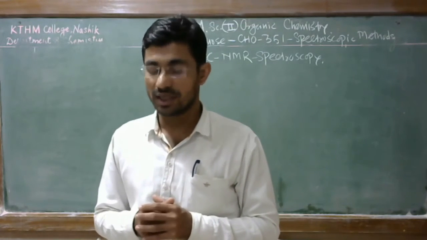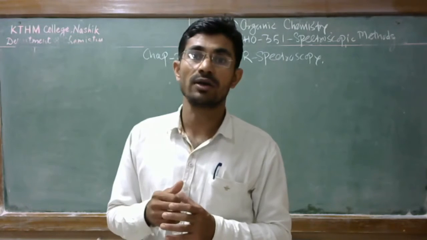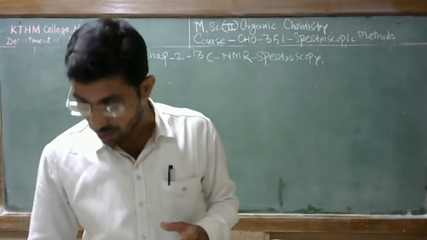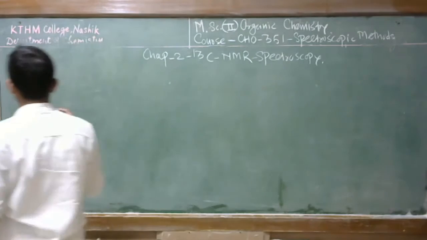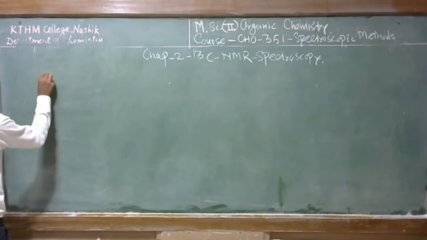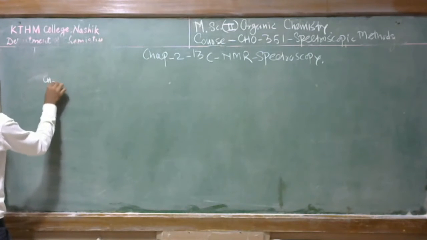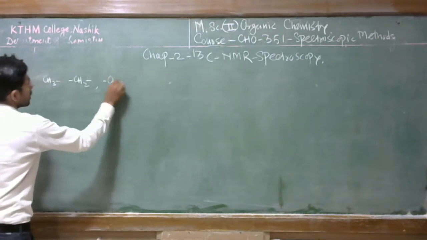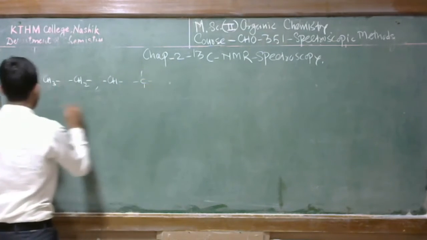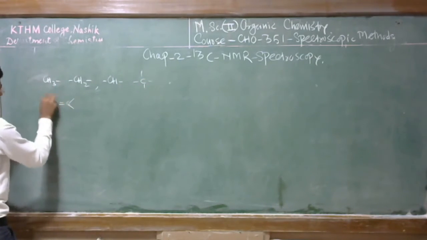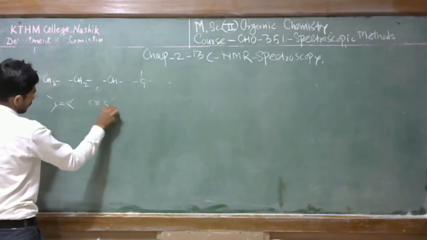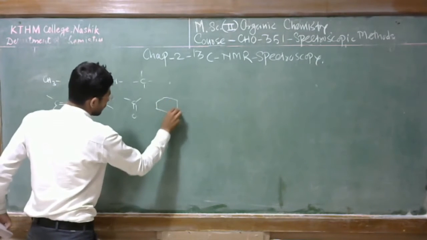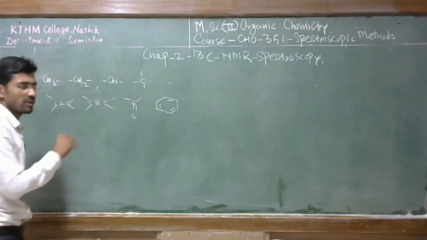We can determine the type of carbon present in our compound, whether methyl carbon, methylene, methine, quaternary, alkene, alkyne, carbonyl or aromatic.